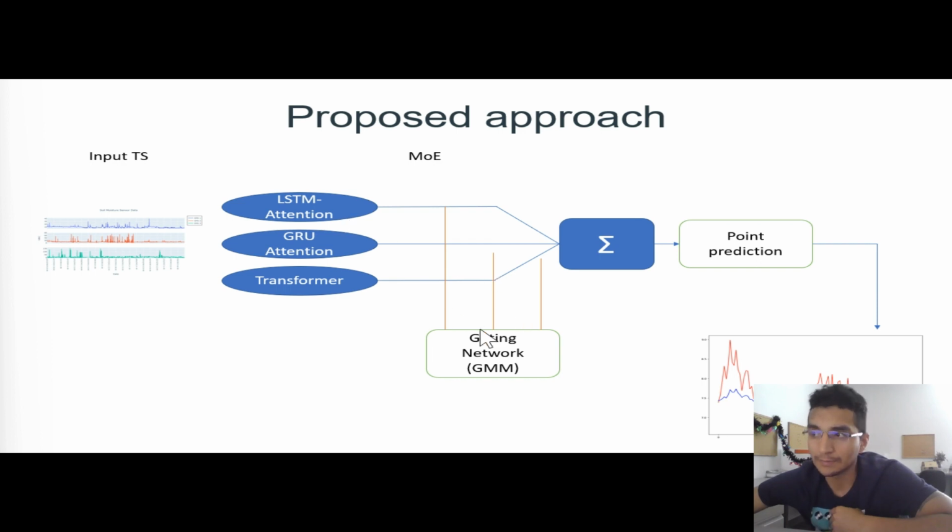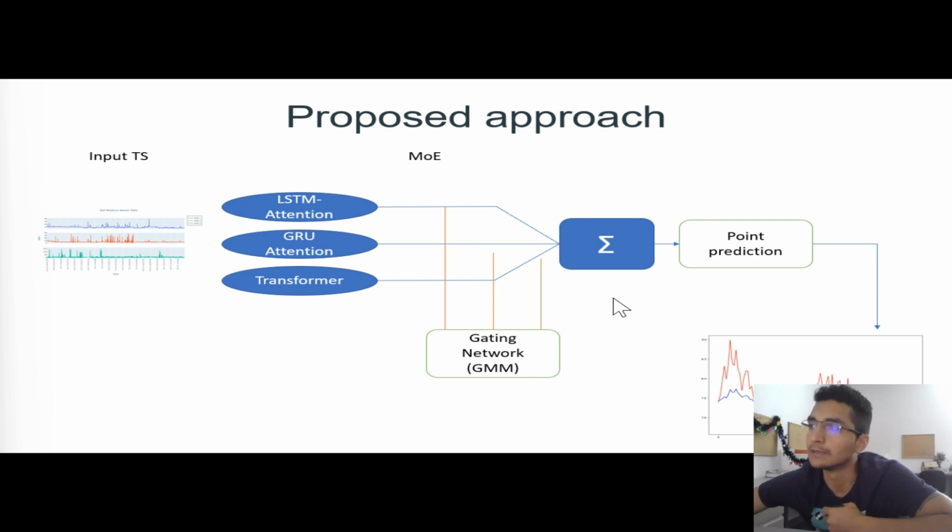This modeling is done because we are using the Gaussian mixture model, throwing a Gaussian distribution over the components, and each distribution represents one of the expert models.